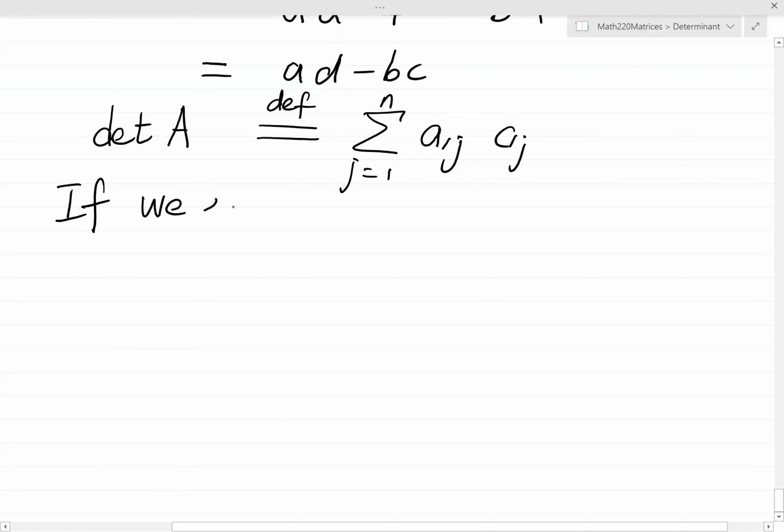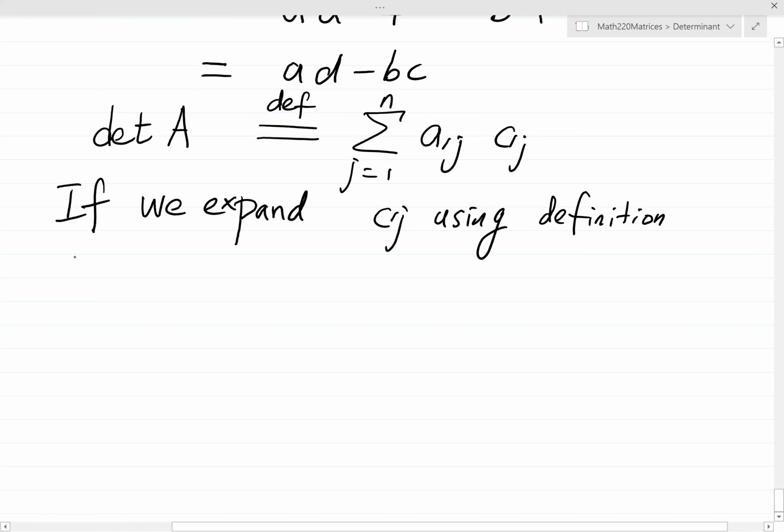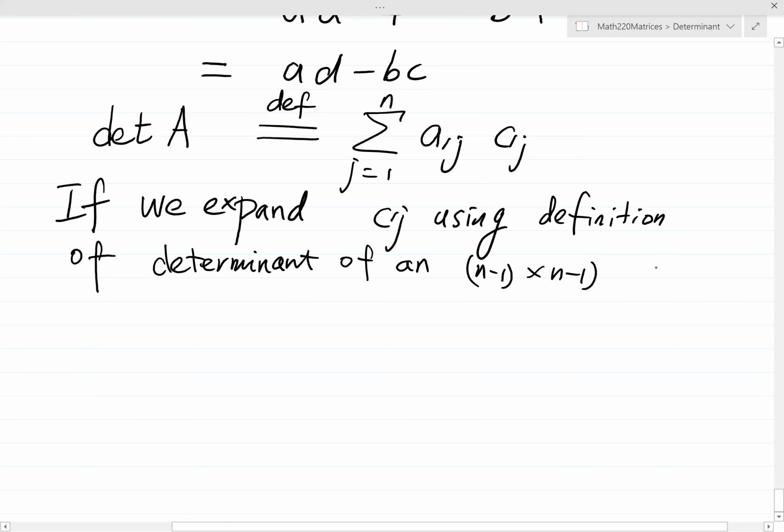If we expand C_1j using the definition for lower dimension, the determinant of an (n-1) by (n-1) matrix, and so on, we reduce this to n minus 2 by n minus 2, etc. So the dimension goes down and down.